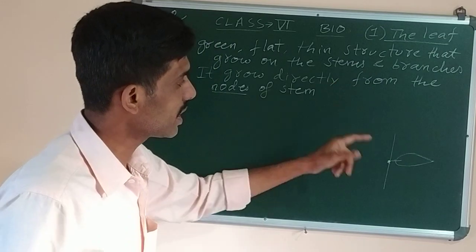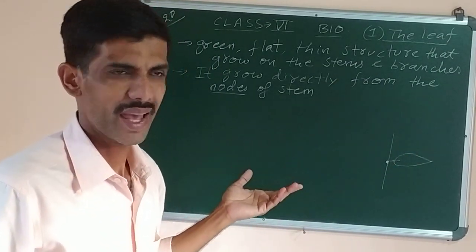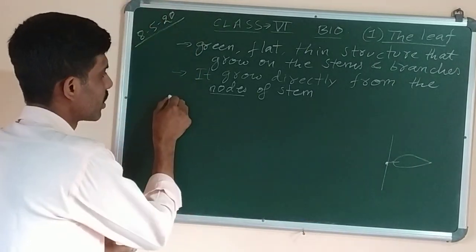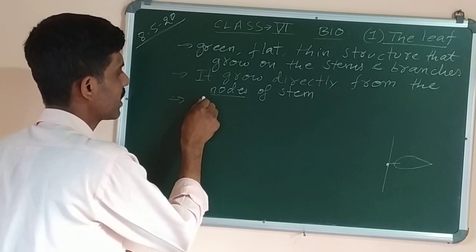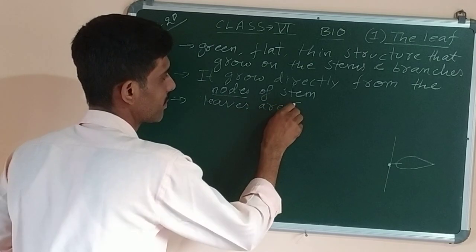And since it is green in color, you know the leaves are green in color. Generally, all of them are green, except few of them which are of different color. So they prepare food for the plant.